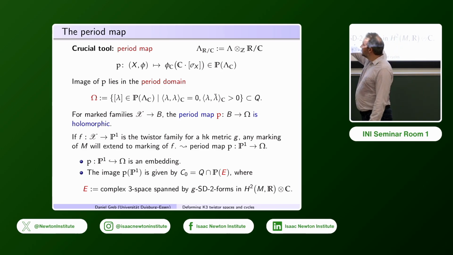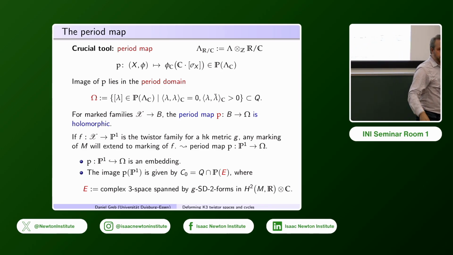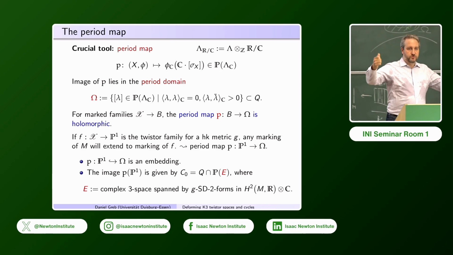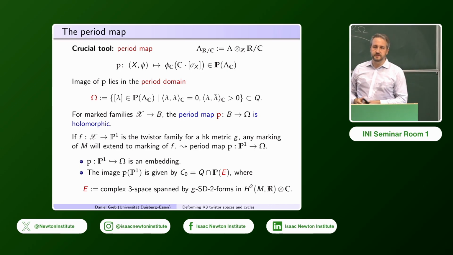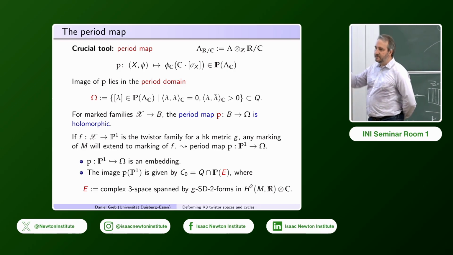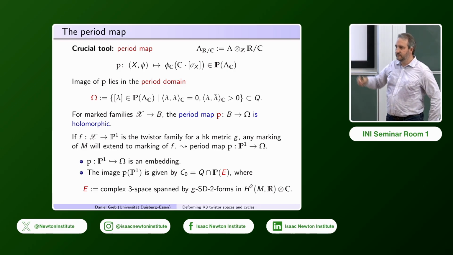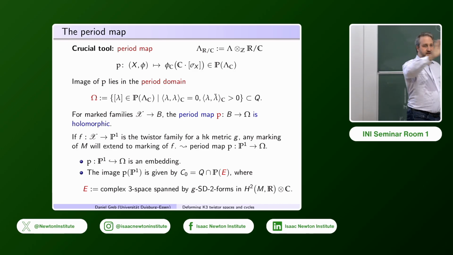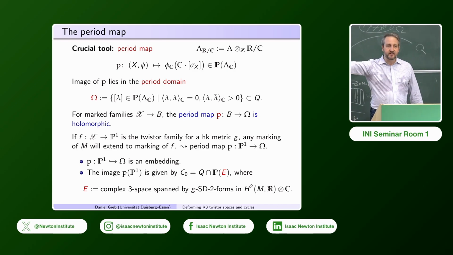If g is the hyperkähler metric that you use to construct the twistor space, then this will have self-dual 2-forms. I hope my signs are right. And there will be 3 of them. And this will span a 3-plane, which projectivized will give a plane. And then your P^1 will be a conic in this plane.